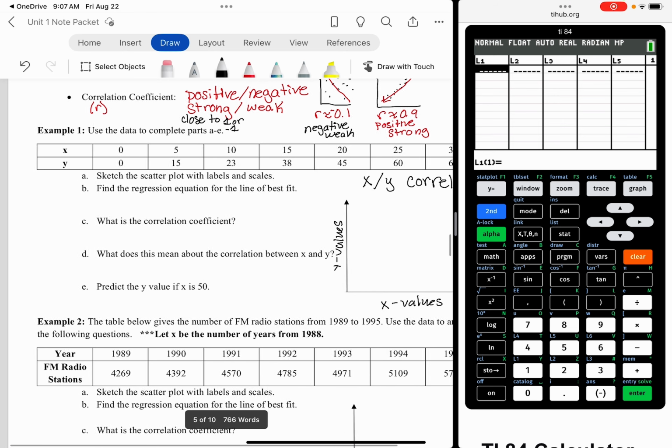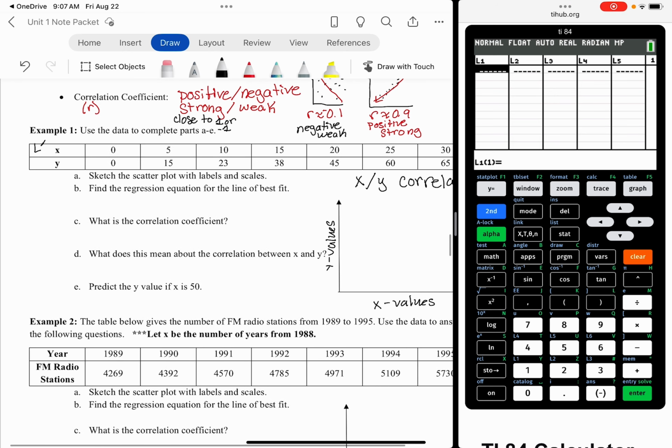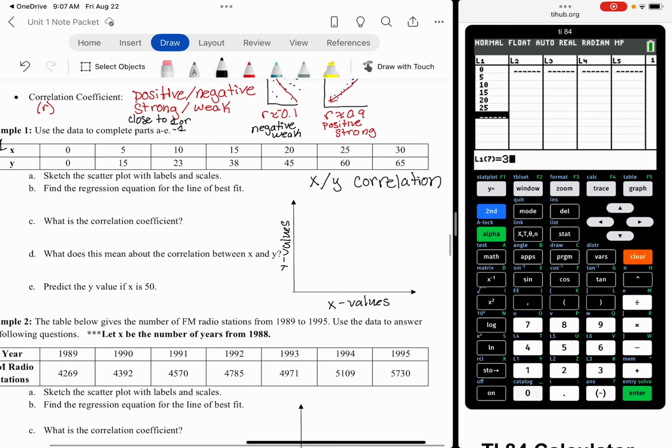That might take a while, so that is just a little bit of a shortcut. Okay. List 1 is going to be all of my X values. So this one we have 0, 5, 10, 15, 20, 25, and 30.